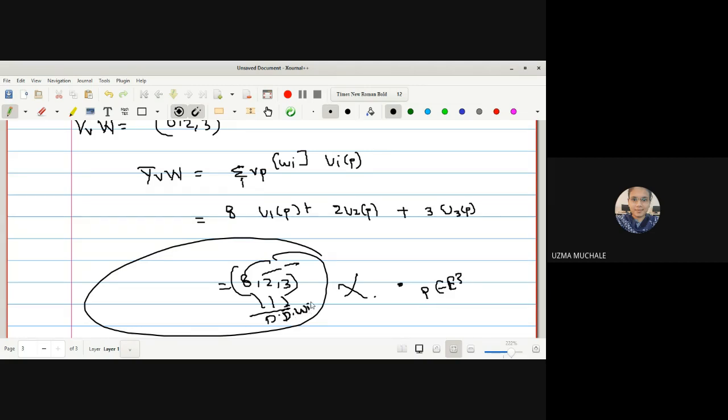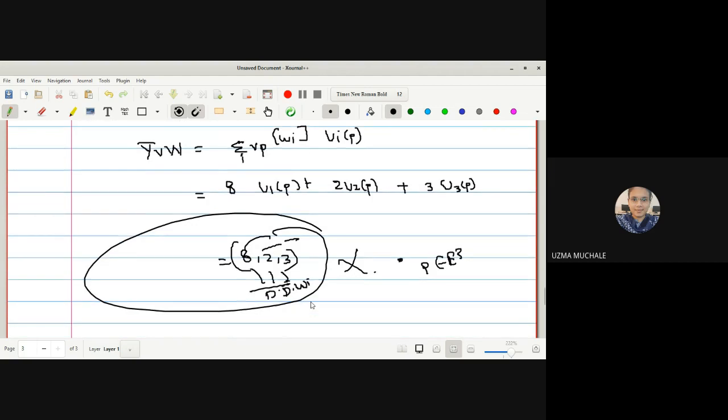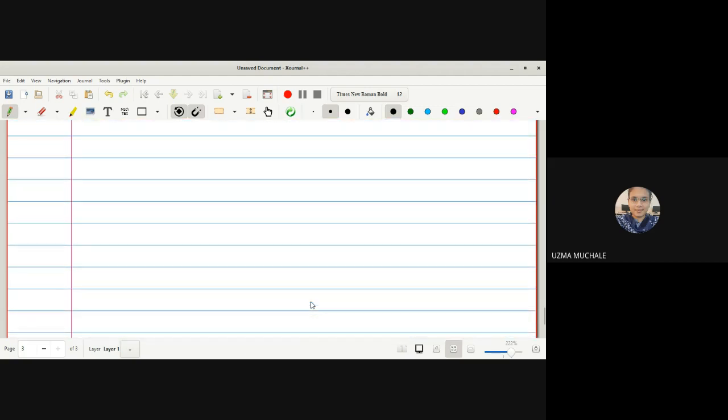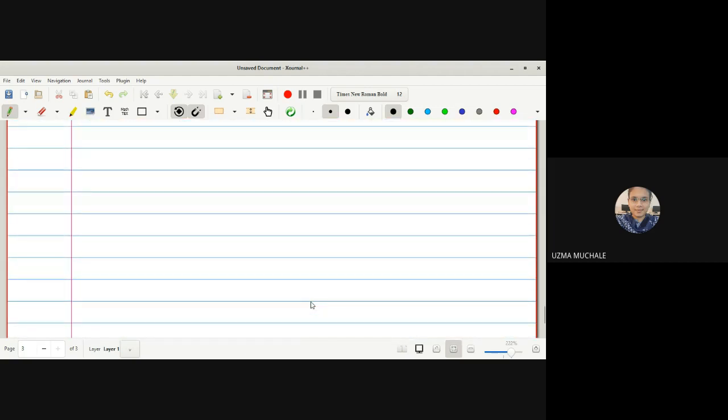Okay. Now let us go for the properties. Let V and W be the tangent vectors. Now see carefully about these properties. We have done this already in the directional derivative definitions. After that we have seen this property. Now you have to do this.